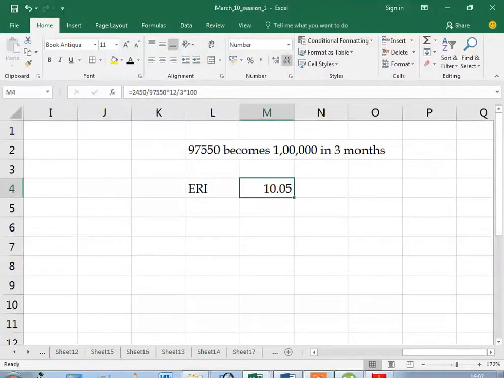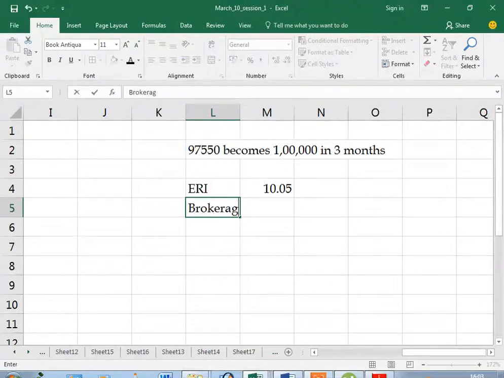Any doubts on the effective rate of interest? Add brokerage, add rating charges, add stamp duty. That will give you the total cost. Everything has to be annualized.